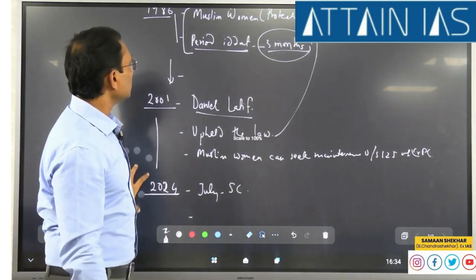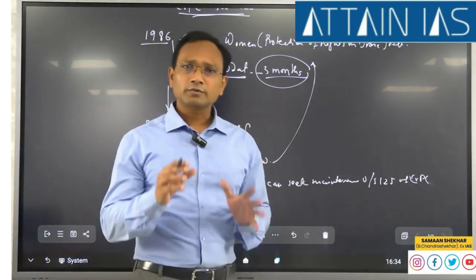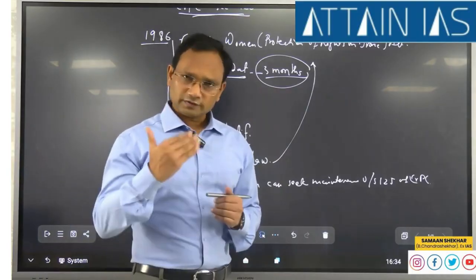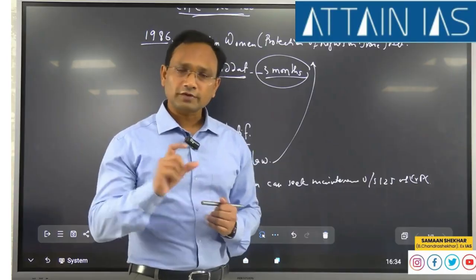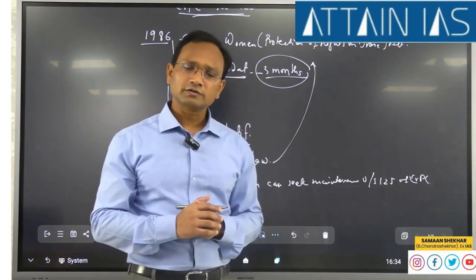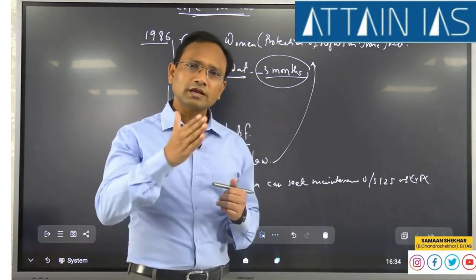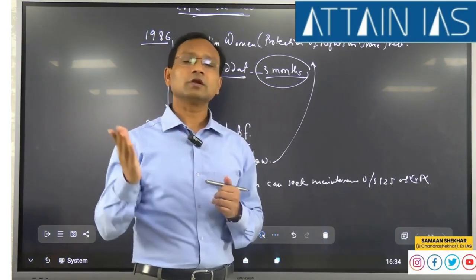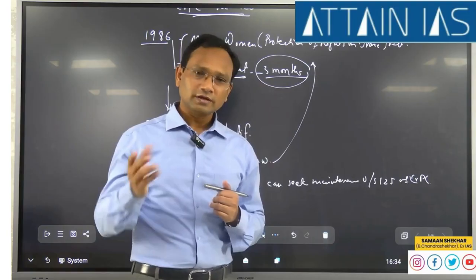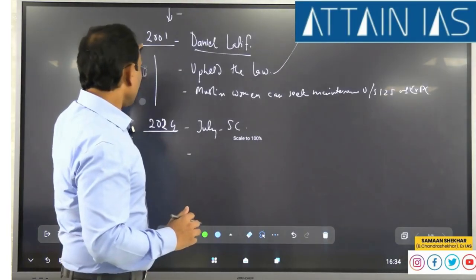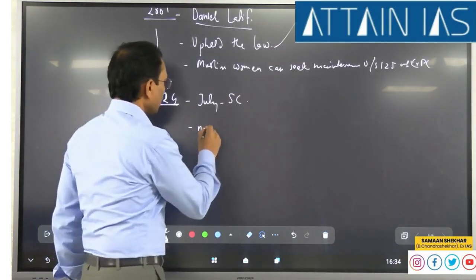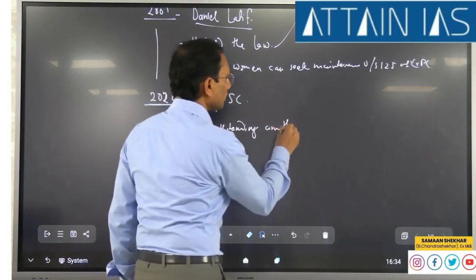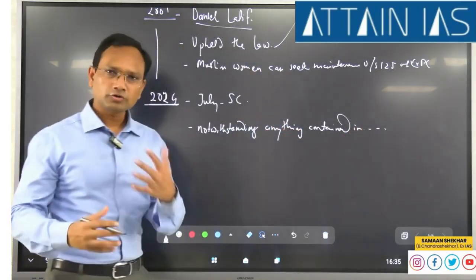The Supreme Court said that the Muslim Women Protection on Divorce Act and its Section 3, which provides for maintenance during the period of iddat, says that notwithstanding anything contained in any other law in existence, this will apply. Now, this non-obstante clause of notwithstanding anything contained in any other law, how do you interpret it?